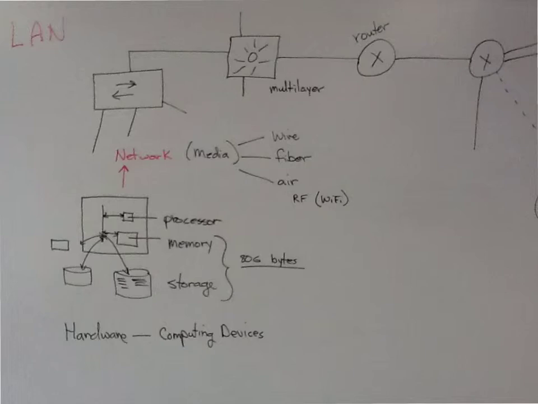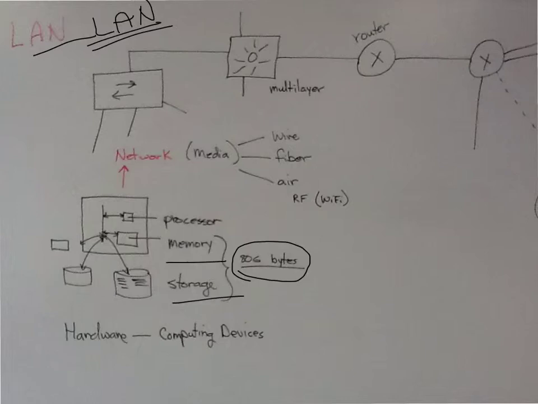A little bit of review here. We're talking about local area network, the LAN, local area network, same geographical area. Here I'm reviewing like an 80 gig storage area you might be working with.